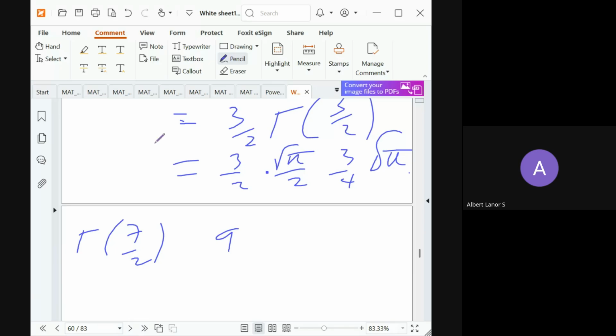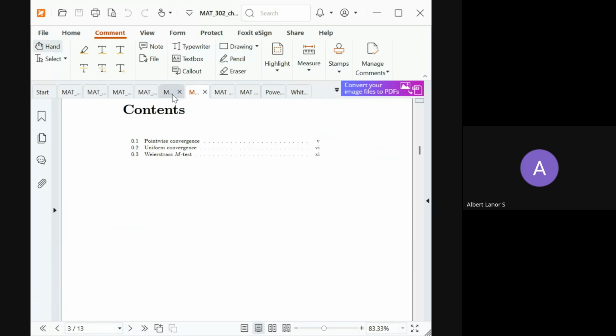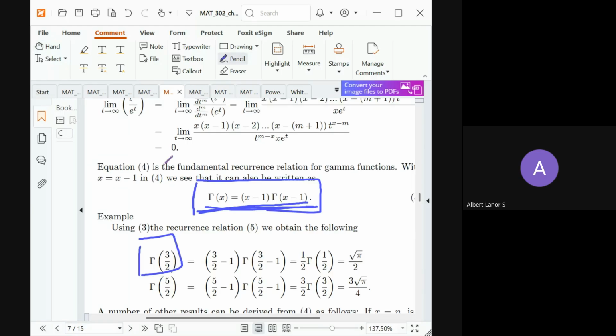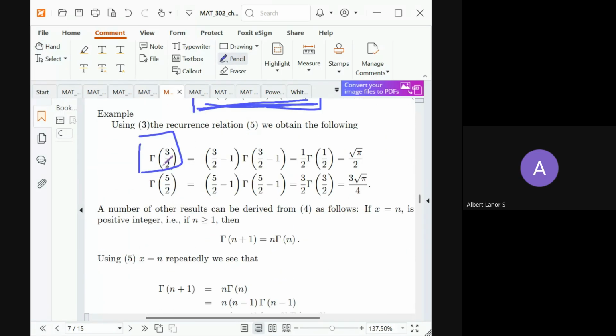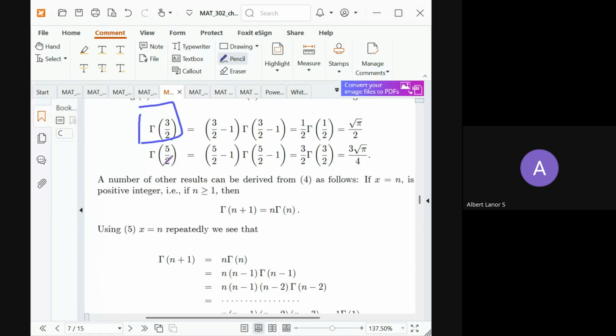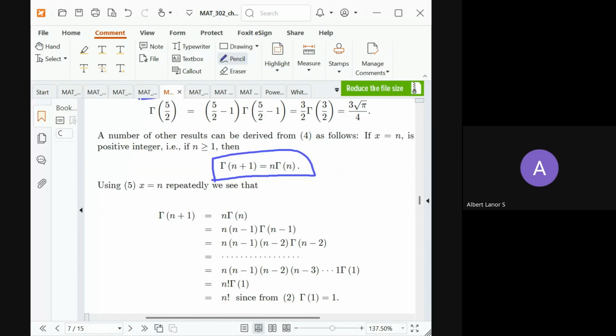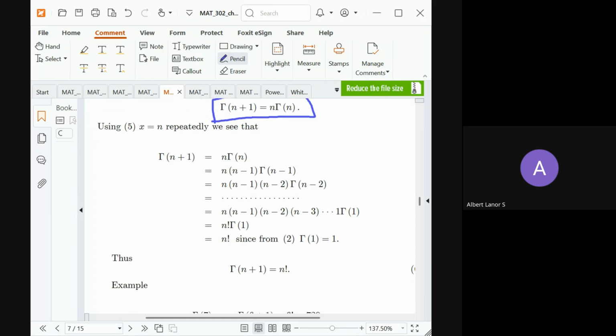All right, we'll look at that one also shortly. So in general, you have gamma of n plus 1 is equal to n gamma of n. All right. So if you use the subtraction, combining the two of them, you have n factorial.